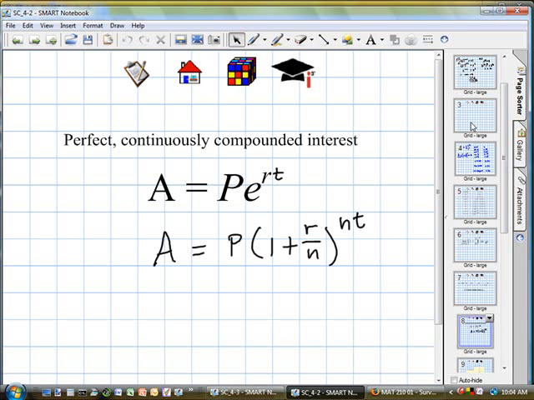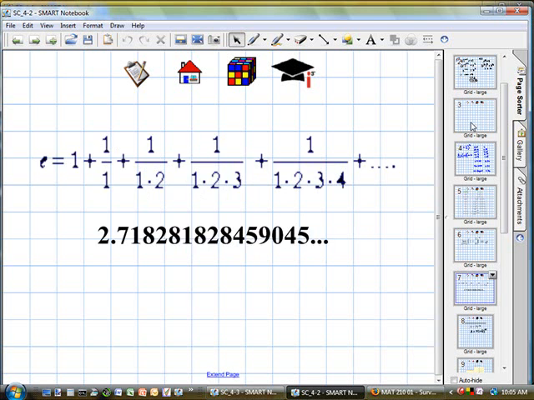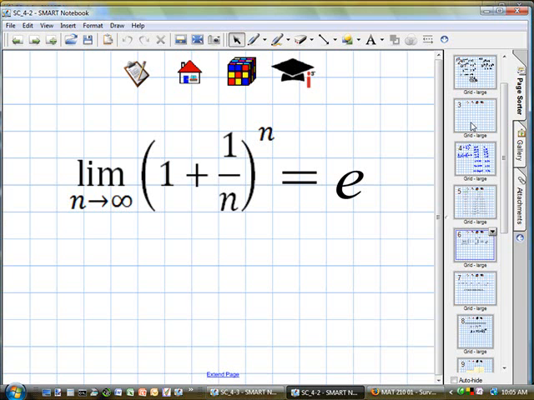These two are really identical. The only reason this one can be simpler is because if you take n to be an infinitely small time interval, because that's what n is, how many times you compound it, it's infinite. Then the 1 plus 1 over n to the n part becomes an e. Notice the r still is in the formula, but there's no n anymore. It's because 1 plus 1 over n to the n, which I had earlier in this presentation, actually does become e.